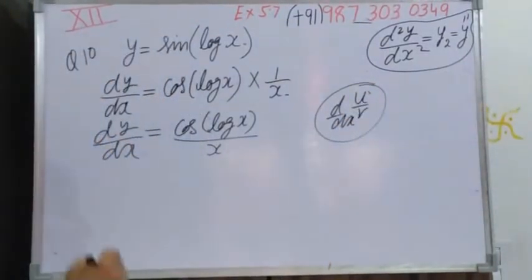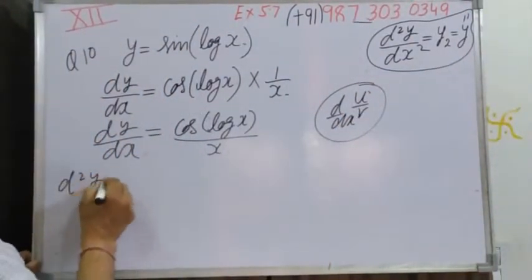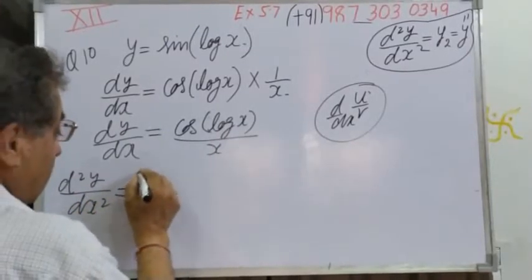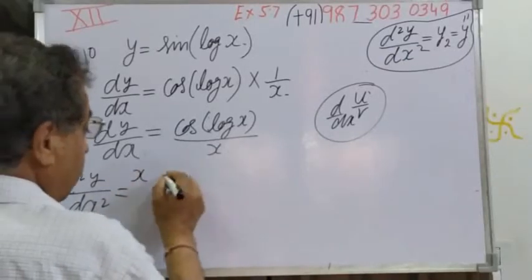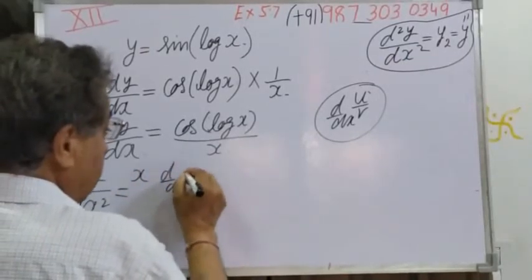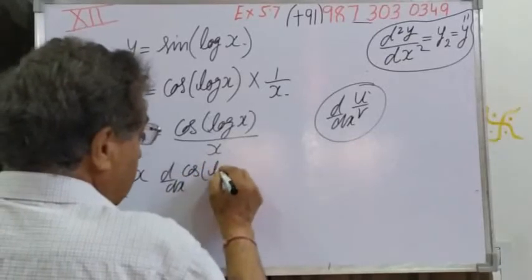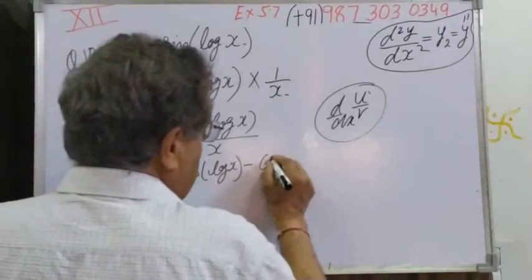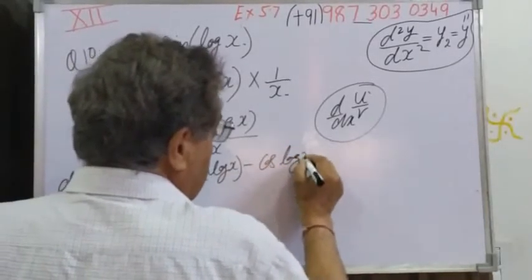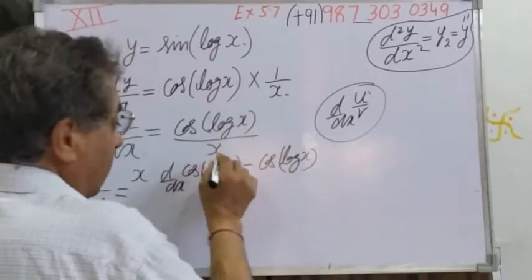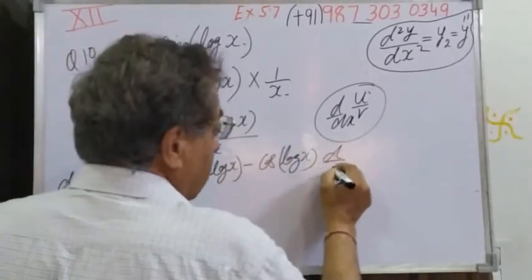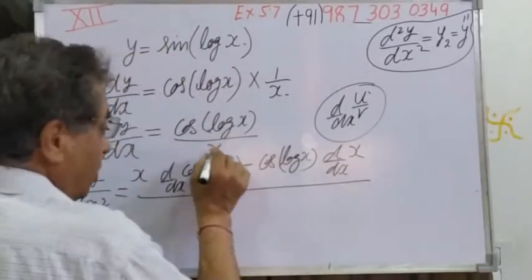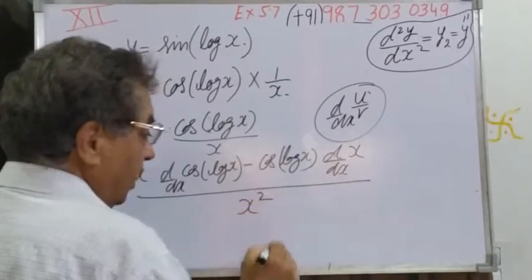We apply this rule and we get the second derivative as: write down this x as it is, into d/dx of cos log x, minus cos log x into the derivative of x, d/dx of x, and divided by the square of the denominator, that is x square.